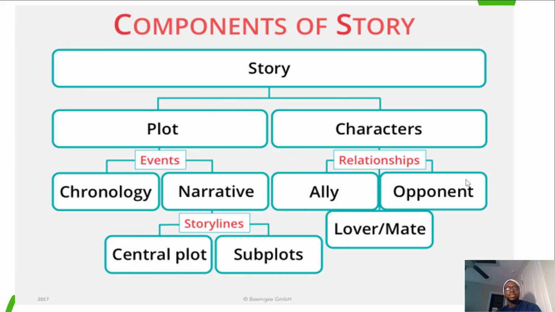So this is just putting the components of digital storytelling into a chart. So we have the plot and the characters. So you have the events and relationships. These events could also represent the problems that you want to solve.